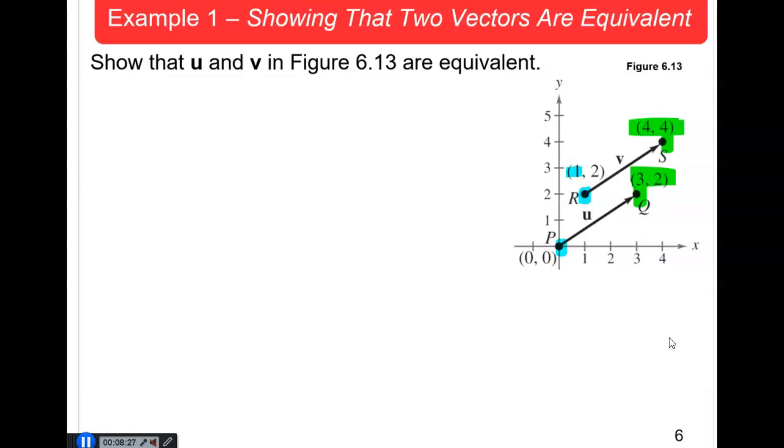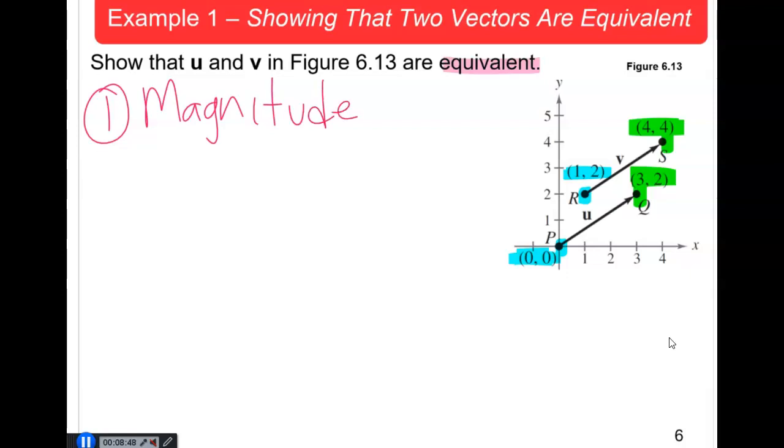So we're actually going to be using those to check if they are in fact equivalent. That is the question. So we need to find two things. One of those is magnitude. And so for that, we will be using the distance formula.